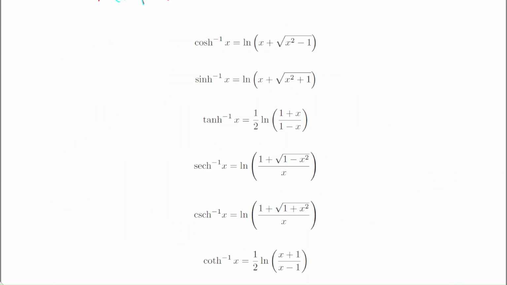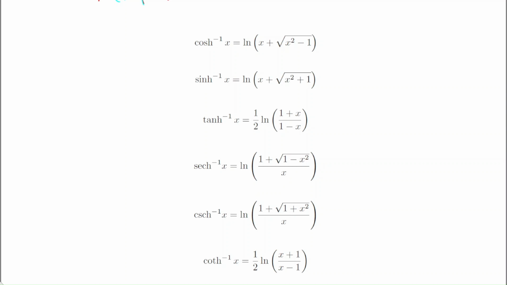Here's a summary of what all six of the inverse hyperbolic functions are in terms of logarithms. The first three we went through and proved. The last three you can easily prove if you go back and use the original definitions in terms of the exponentials, or maybe you know a little shortcut, doing something with the x in one of the first three formulas.